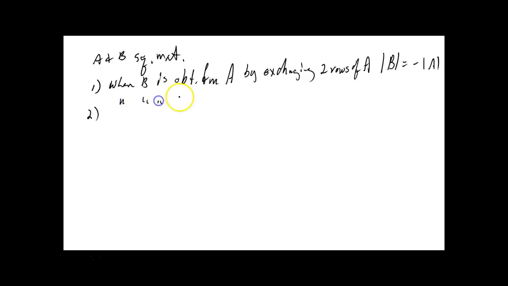When B is obtained from A by adding a multiple of a row of A to another row of A, what does that do?